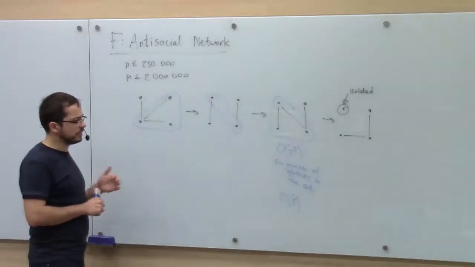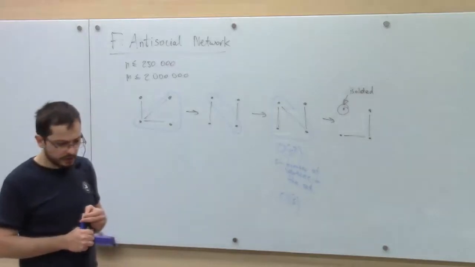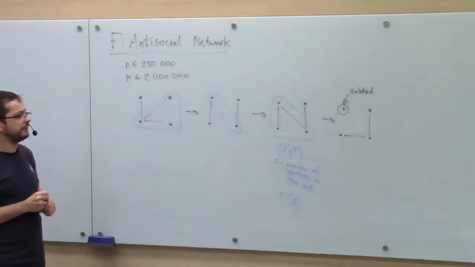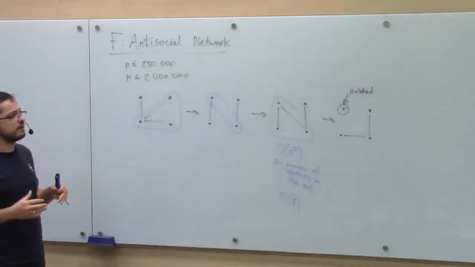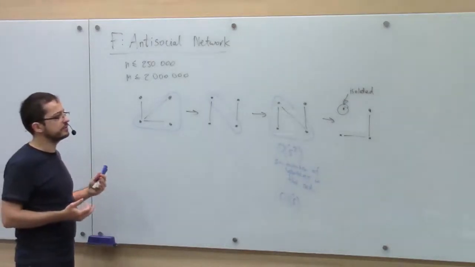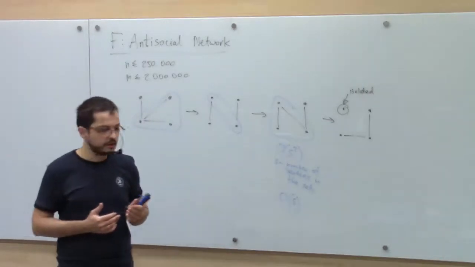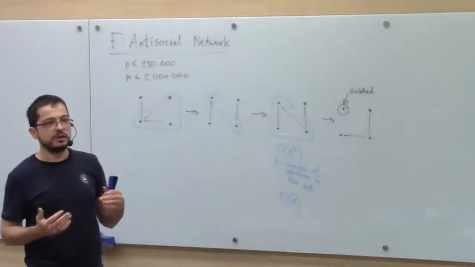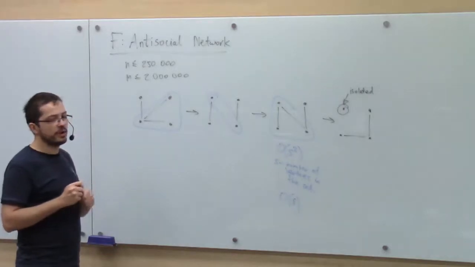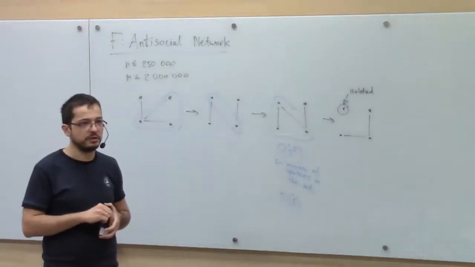Okay, so how to approach this kind of problem? Usually in these problems in which we have to do some updates on the graph, and then we are asked about maybe connected components between vertices, or whether vertices are isolated or not, basically yes/no questions, it's useful to see whether some kind of randomized approach can be used.